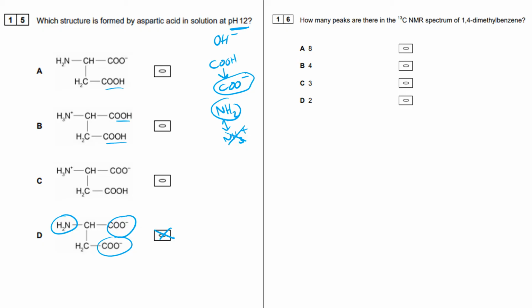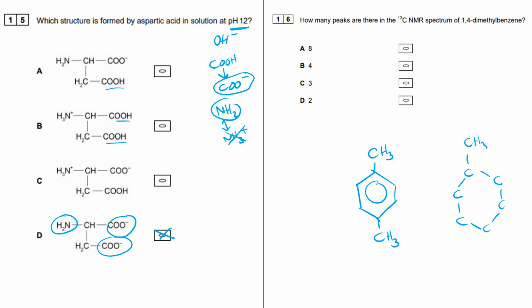Question number 16. How many peaks are there in the carbon-13 spectrum of 1,4-dimethylbenzene? So let's draw it out. You can put your benzene ring in the middle, with alternating double and single bonds. But because we're looking at carbon NMR, I'm going to draw in the carbons just so we can identify those environments a little easier. CH3, CH3, and then these are your H's.